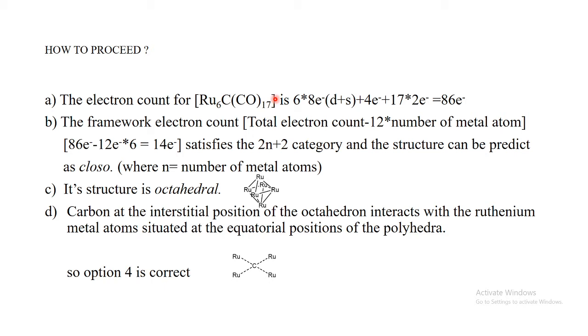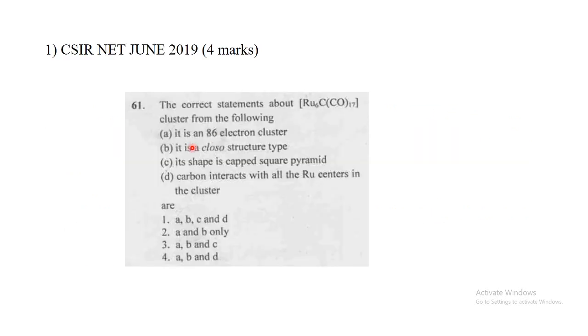The electronic contribution of the carbonyl ligand in the neutral atom method is 2 electrons. So 17 into 2 electrons. So 6 into 8 is 48, plus 4, plus 34 electrons. So the total number of electrons is 86 electrons. So the first statement that it is an 86 electron cluster is correct.